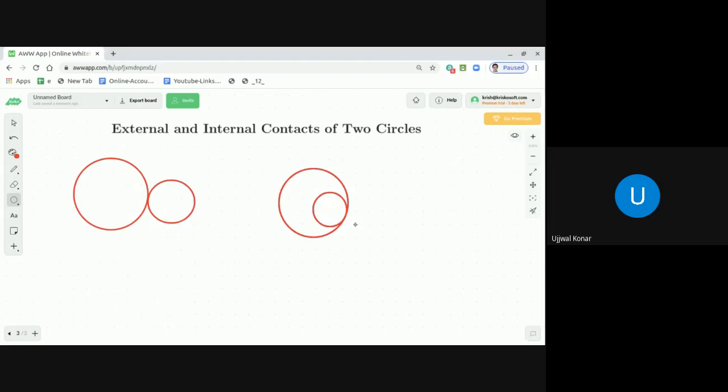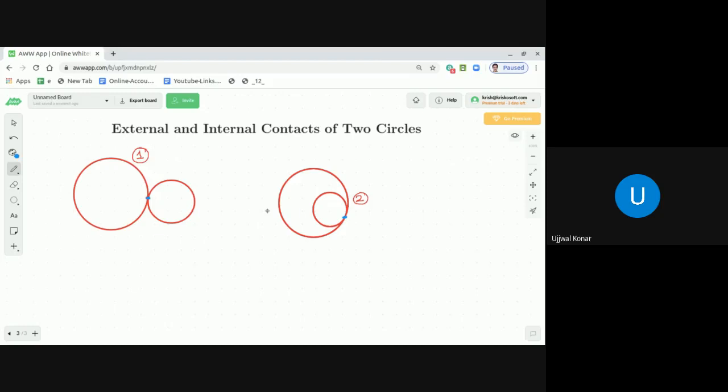If you see the first one, the two circles touch each other externally, and in the second case the two circles touch each other internally. Now we are going to find the coordinates of their point of contact. So this is the point of contact.